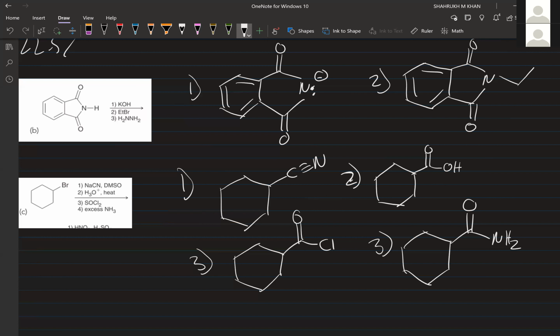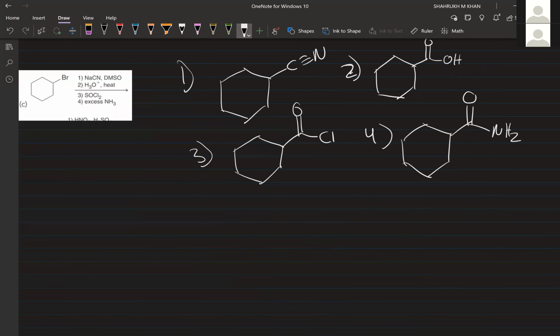The last step? Oh, sorry. I don't know why I wrote 4 again. So are you asking about step 3 to 4 or 2 to 3? 3 to 4, right? So 3 to 4 is just the simple amide formation or amination, however you want to look at it.